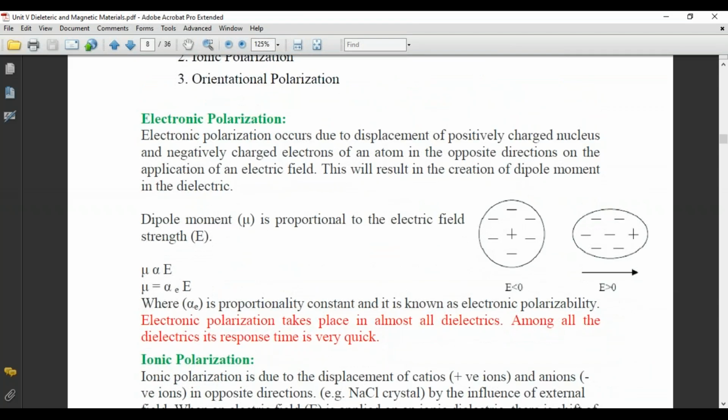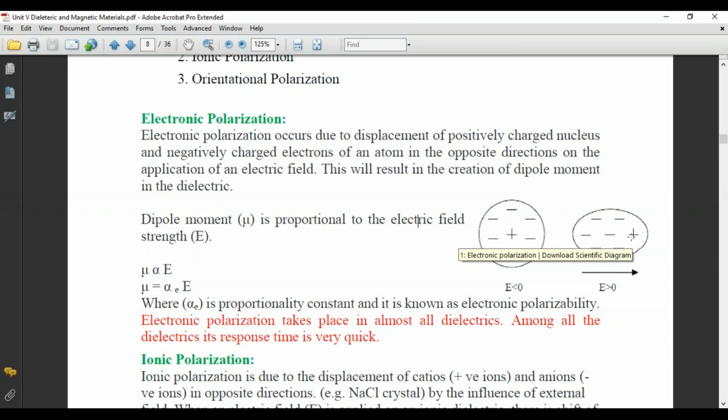So what is electronic polarization? See this diagram. This is a positive charge, surrounded by an electron cloud. That means the center of the positive charge and the center of the negative charge coincide when the field is 0. When the field is applied, they get separated.